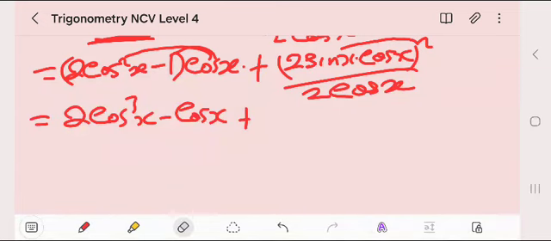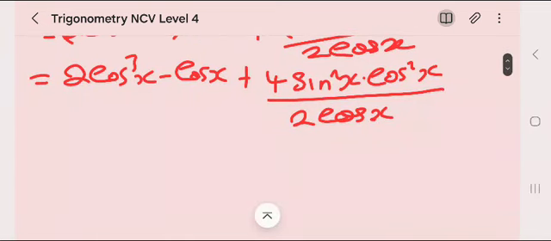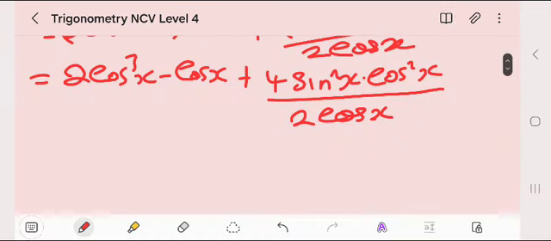We square everything: square 2 will be 4, square sine will have sine squared x multiplied by cos squared x all over 2 cos x. So this and this will divide, 4 divided by 2 will have 2. Then we have 1 here.